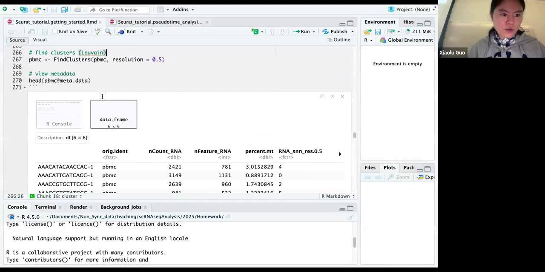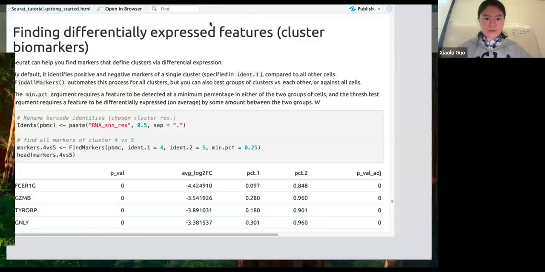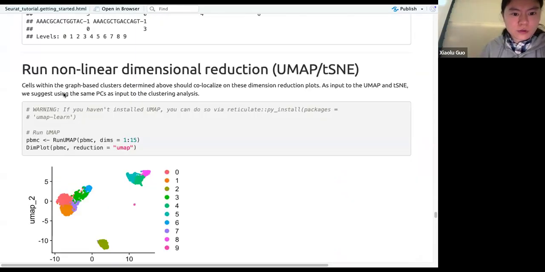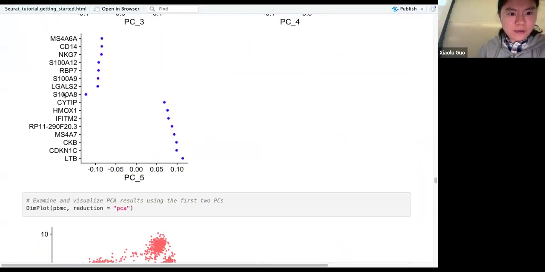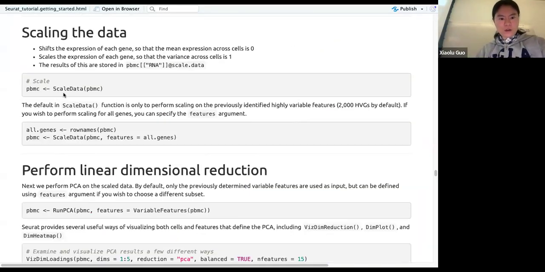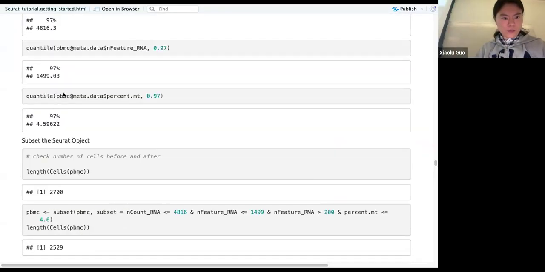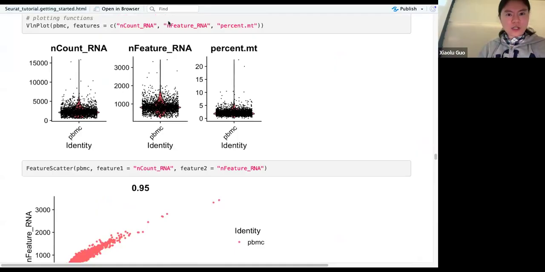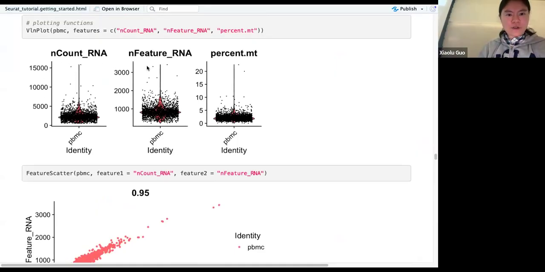Okay. So the code, the last time, we can quickly go over where we left off. So we did the quality control, and for the 3 metrics, the mRNA counts, so this is UMI count, right?